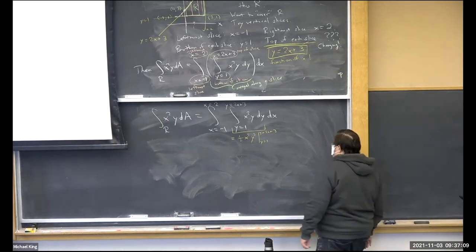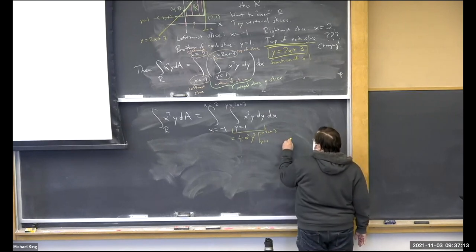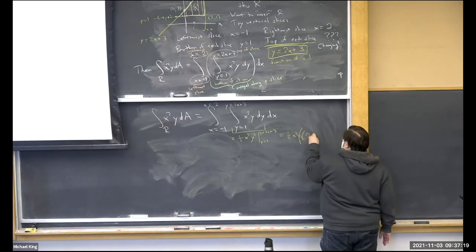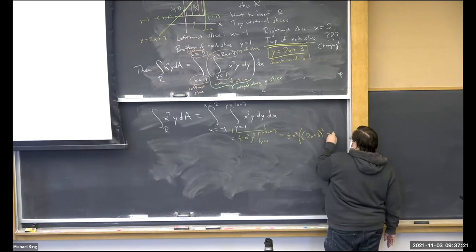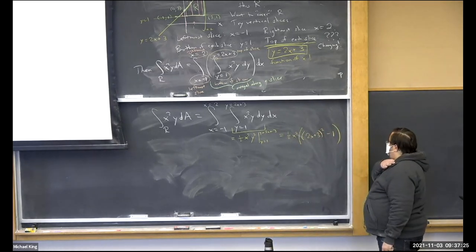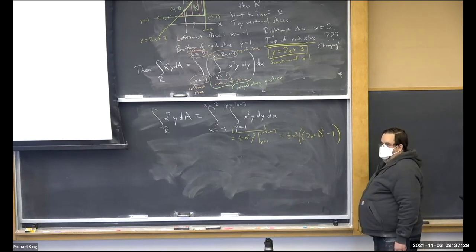But it'll still work, right? Just plugging in y equals 1 and y equals 2x plus 3. Does that make sense?